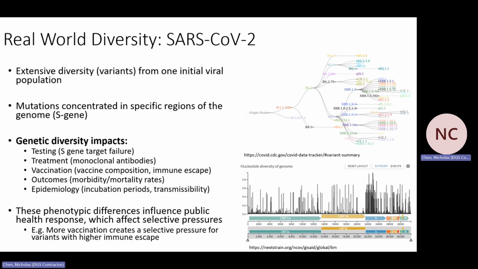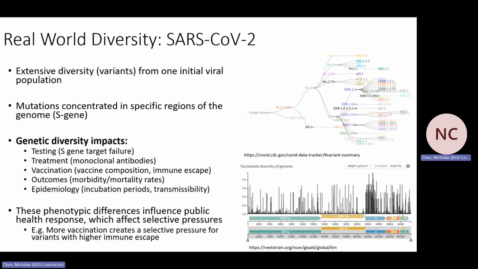This is because the spike protein plays an important role in the ability for the virus to infect new hosts and therefore to spread and to multiply. Therefore, there's a strong evolutionary pressure to select for particular phenotypic changes in this region, leading to increased genotypic diversity.